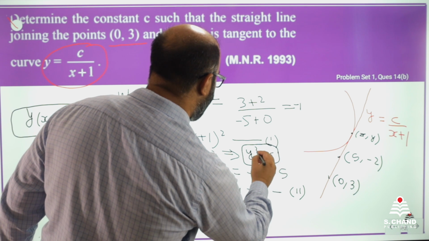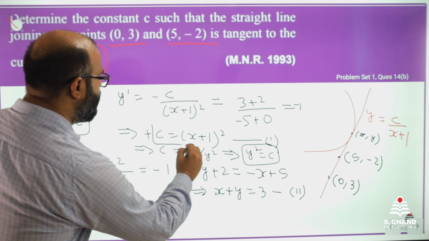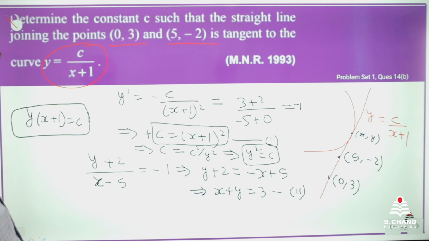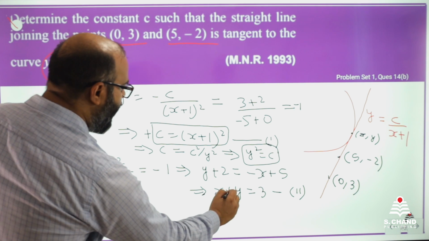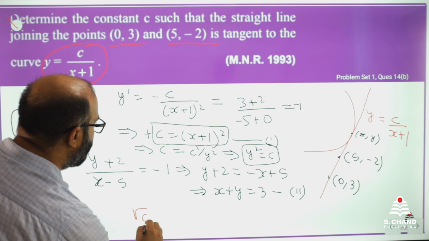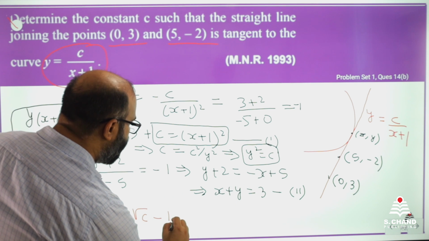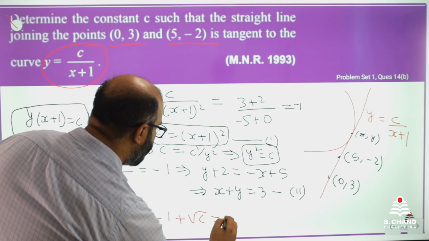So there is relation between y and c, and there is relation between x and c also, as we have here. So from these two places we can now substitute here, and x we can write as root over c minus 1, and y as root over c, so that x plus y is equal to 3, like this.